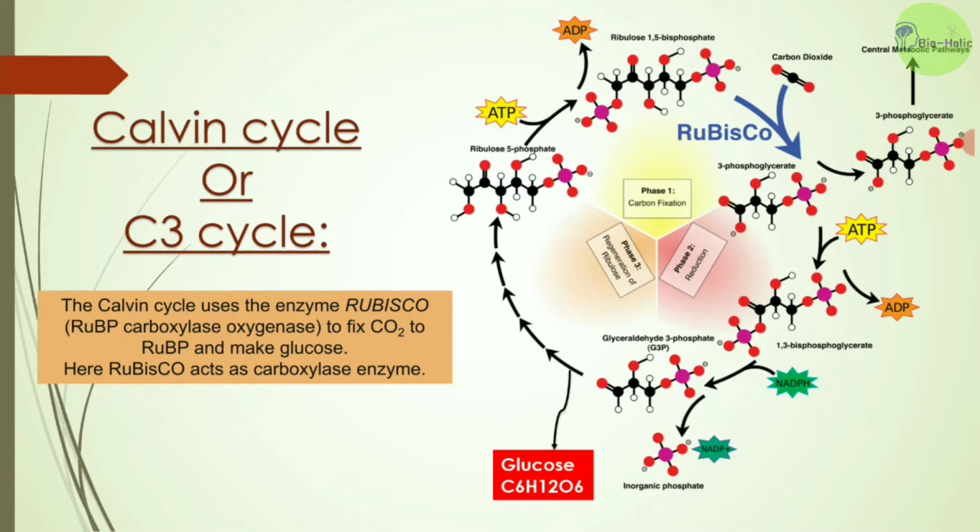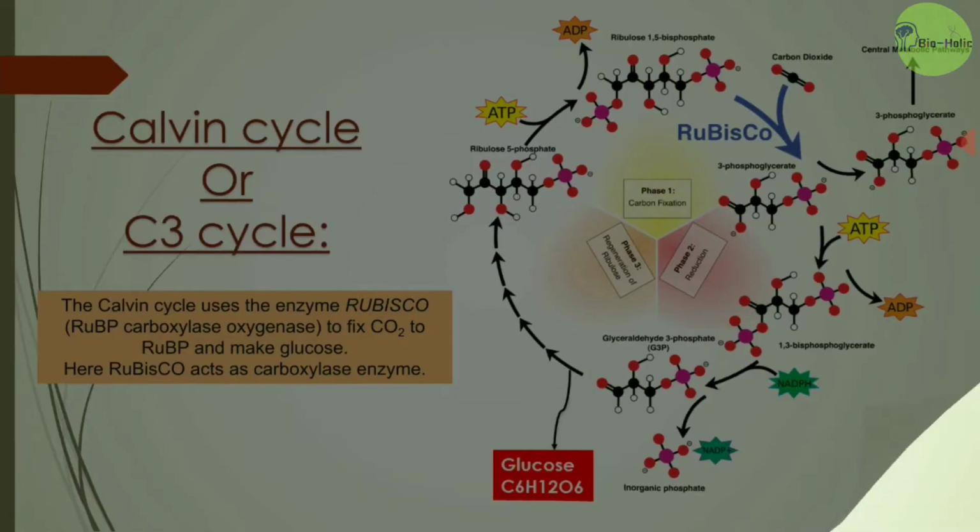In the C3 cycle, it acts as a carboxylase enzyme to fix carbon dioxide to RuBP and make glucose. But sometimes it also shows oxygenase activity, but that is very harmful for the plants. Today we will learn what happens when Rubisco shows oxygenase activity.